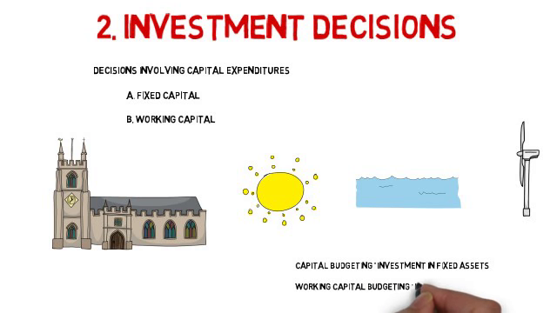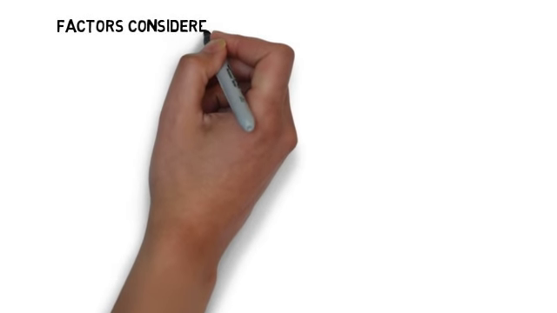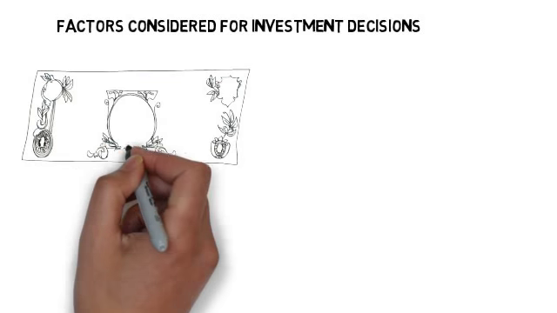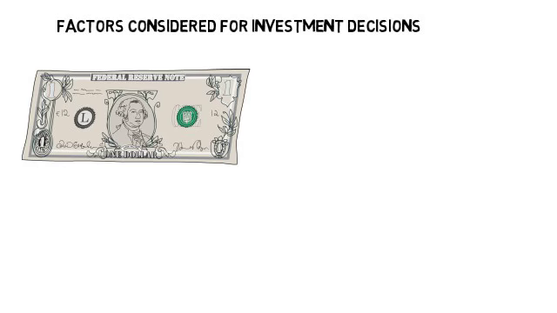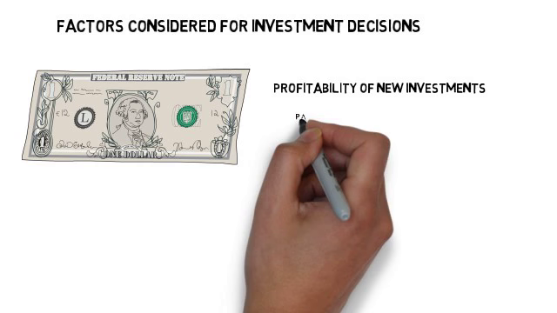So investments in fixed assets is determined through capital budgeting, and the investments in current assets is determined through working capital management.